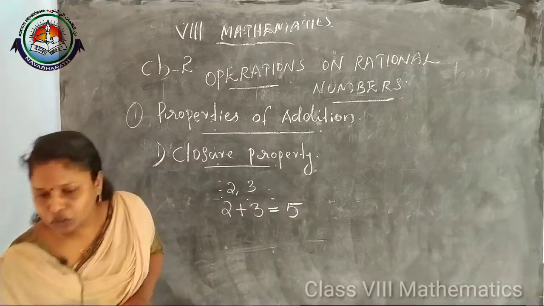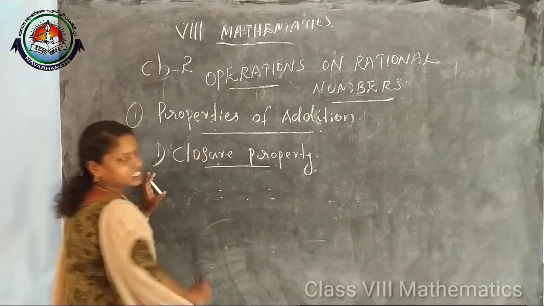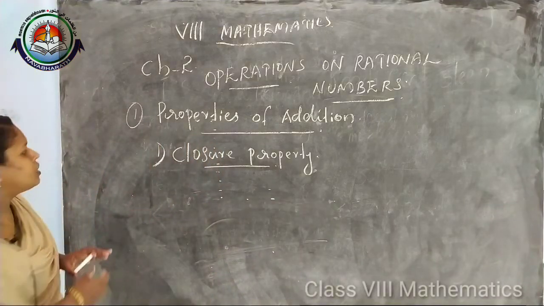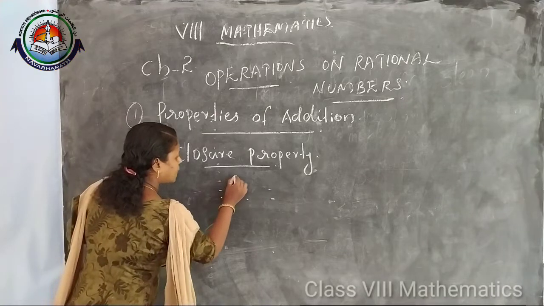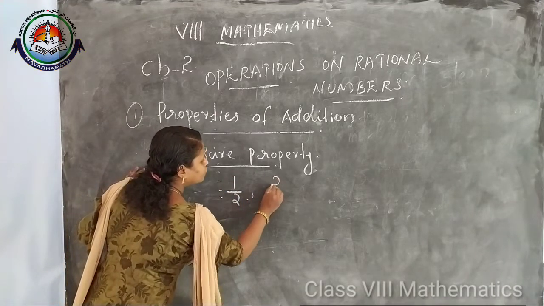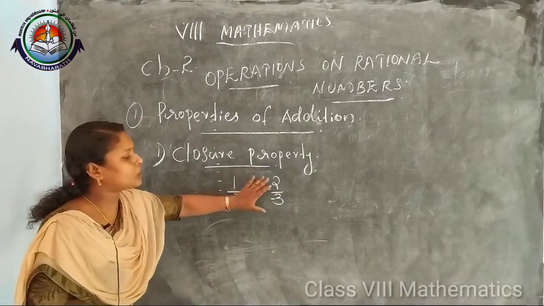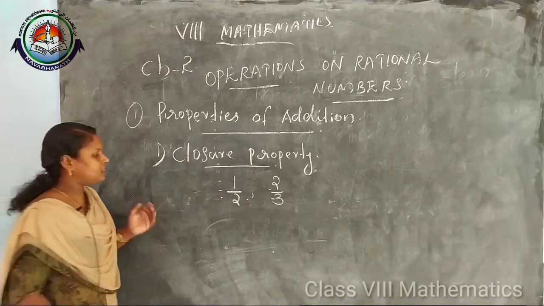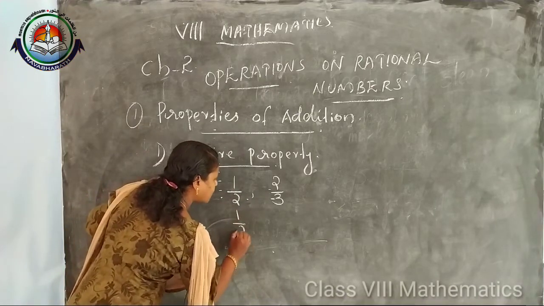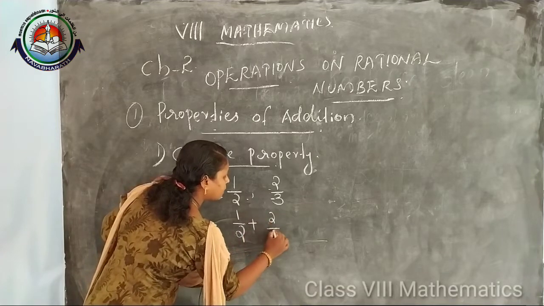In the same way, we need to check whether this property is applicable for rational numbers. We can take two rational numbers, 1 by 2 and 2 by 3. We add them: 1 by 2 plus 2 by 3.